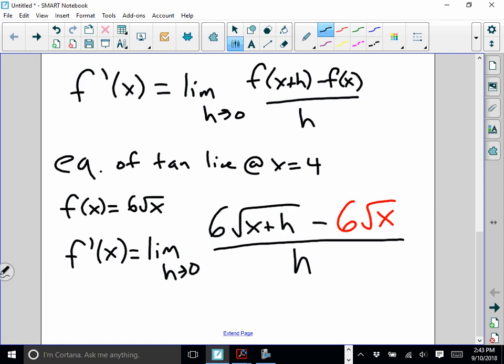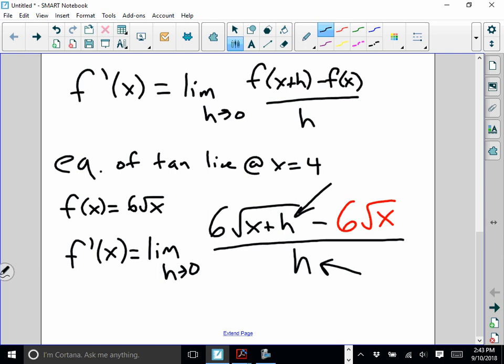Well, this h right here is going to become 0, and so is this h right here. So I end up with 6 root x minus 6 root x, which is 0, over h, which is 0. So I end up with 0 over 0, which is a problem in functions, but not a problem with limits. We know how to fix this using limits.